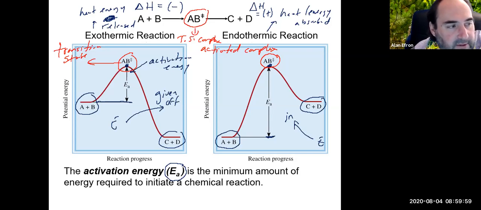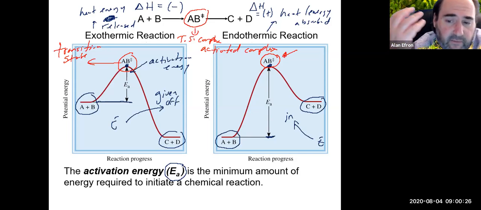And one thing you hopefully got from this semester is that when things are in higher states of energy, they're not very happy. Things don't like to be in high states of energy. Stability occurs when things are in their lowest states of energy. So something right at the peak of energy is very unstable, if you will.